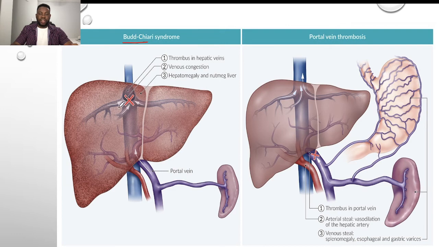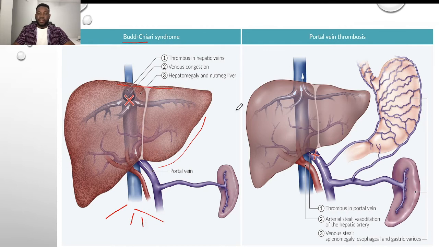There's thrombosis in the central vein. So any blood that is coming is going to stop and cause enlargement of the liver. This will also lead to edema in the feet. So let's take note of that.